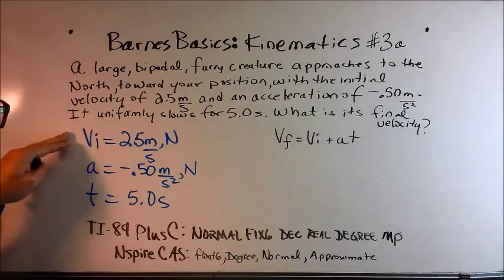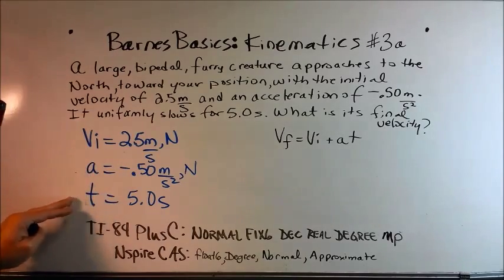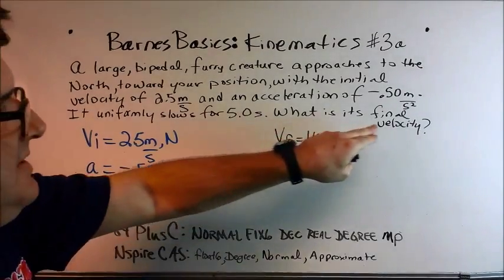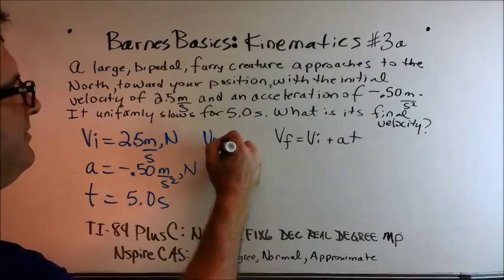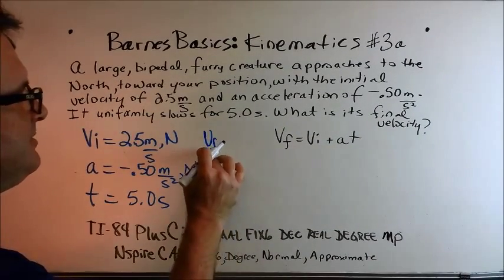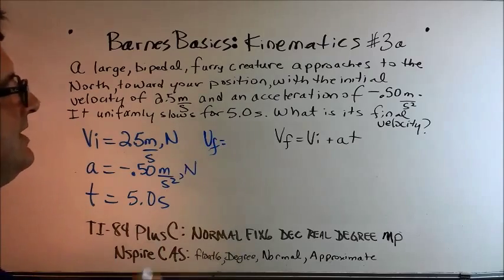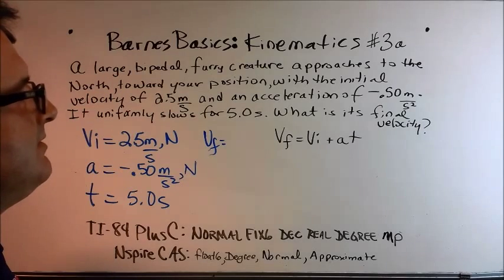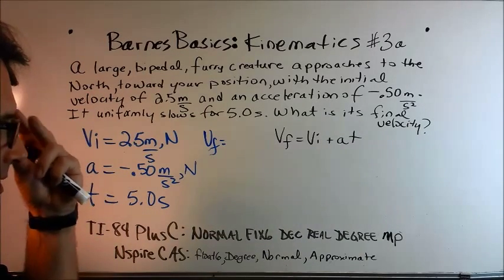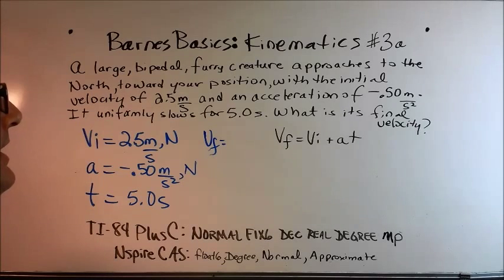So we have an initial velocity, we have acceleration, we have time, and the question is, what is the final velocity? So VF is the question mark. That is what we're trying to find. We have a wonderful equation here that's just a rearrangement of the acceleration equation, and we can plug and chug and should come out with a number pretty quickly.